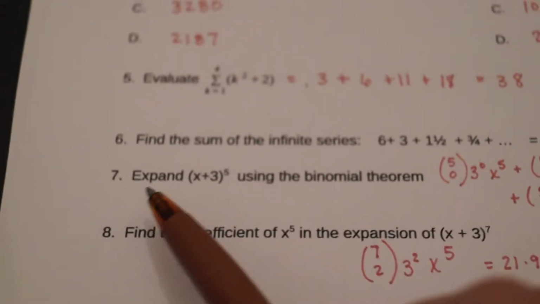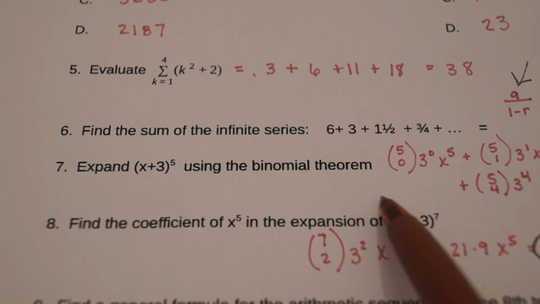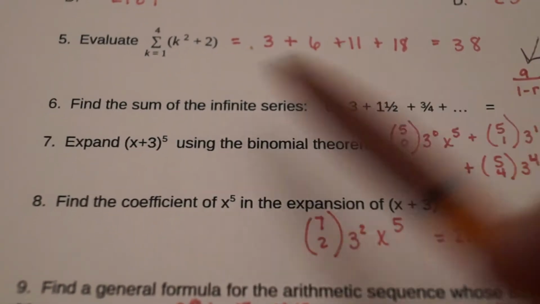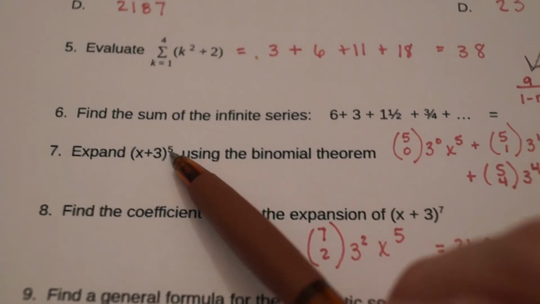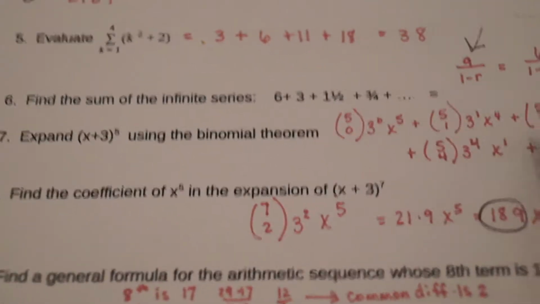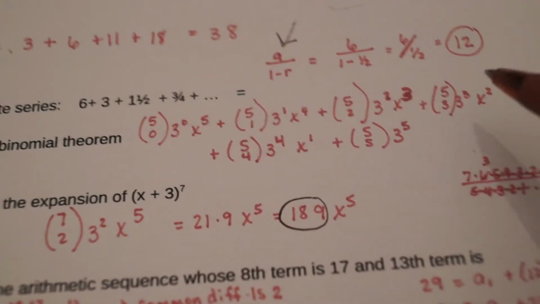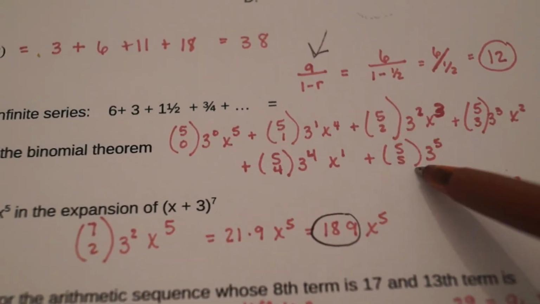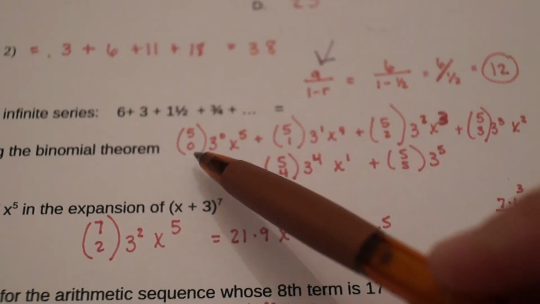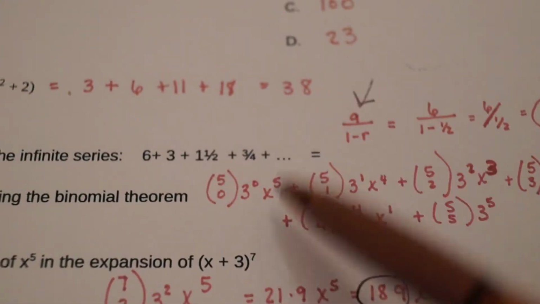And so on. Then I expanded using the binomial theorem. So here I do 5 comes from this little to the 5th. Choose 0 and I count up. 5 choose 0, 5 choose 1, 5 choose 2, 5 choose 3, and so on all the way up to 5 choose 5, which remember is the combination button on your calculator, 5C0.